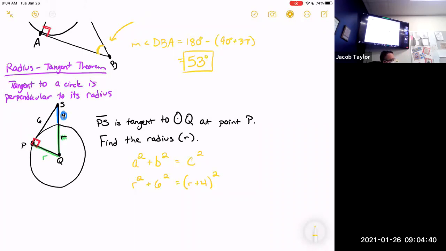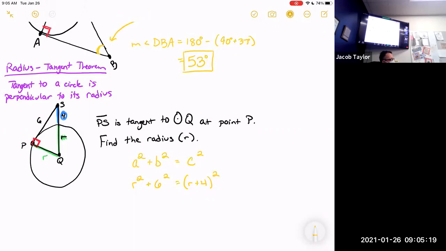If you say R squared plus 16, I'm going to flip over this desk. It's that polynomial stuff, right?